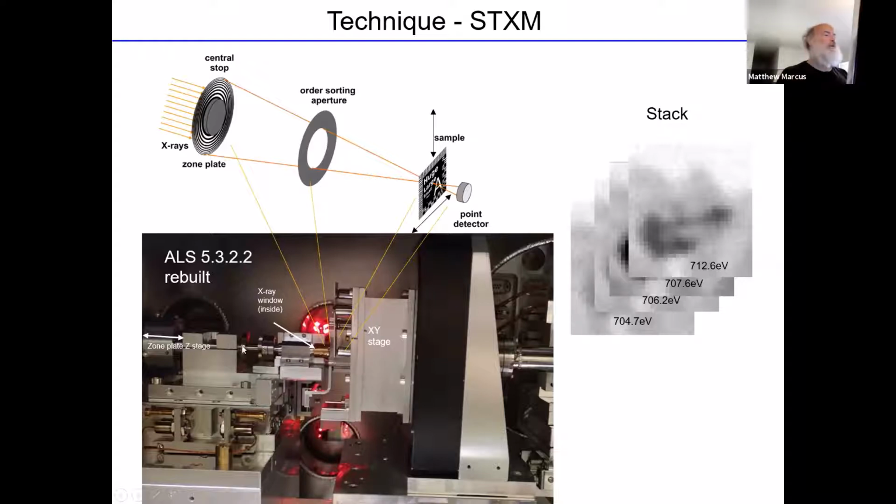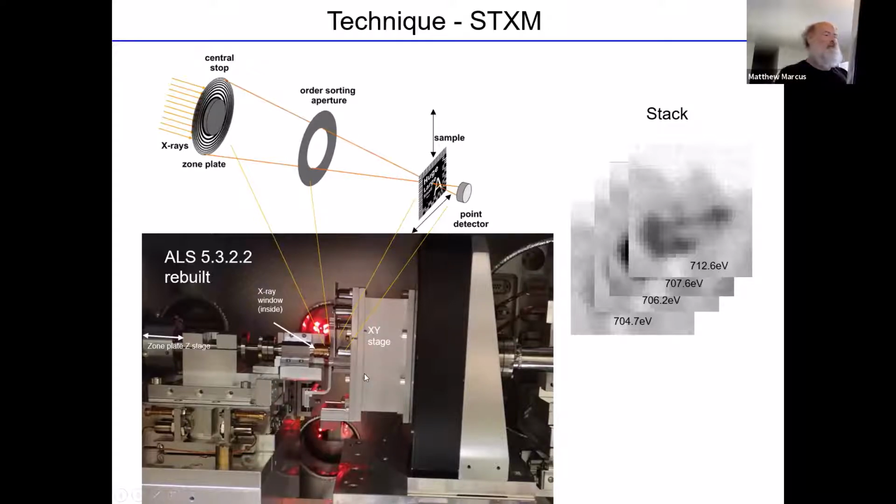Then the zone plate can move longitudinally because the focal length of a zone plate is proportional to the energy. So you have to refocus at every energy. The OSA is hard to see, but the bracket that supports it is this. This plate here supports the sample, and this stage is a piezo stage that does fine scanning over about a 60 micron range, and it's in turn carried on a coarse stage that can scan over a centimeter or so.